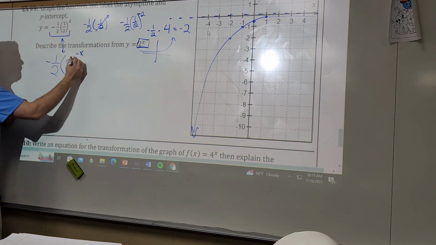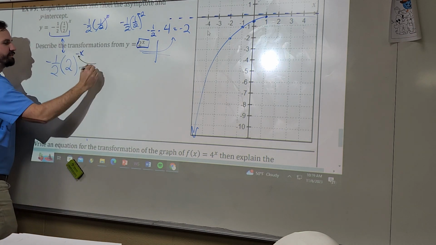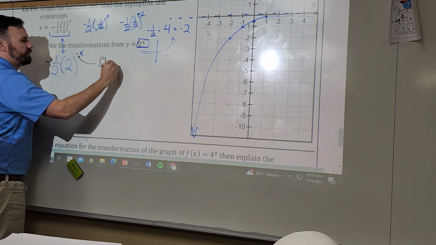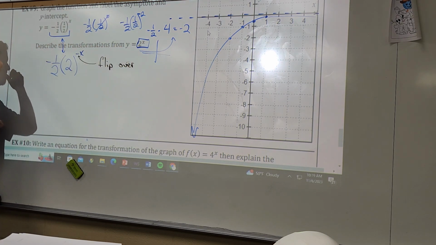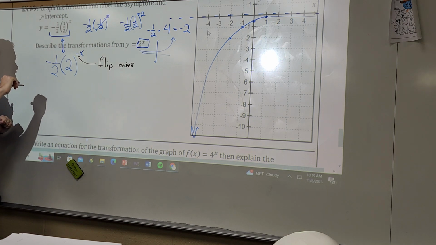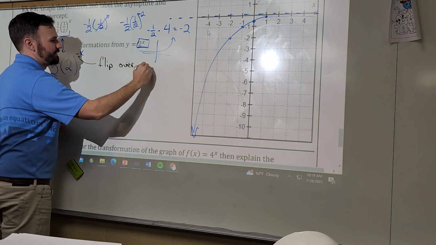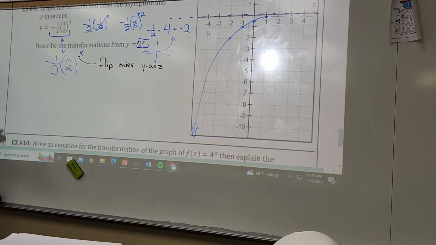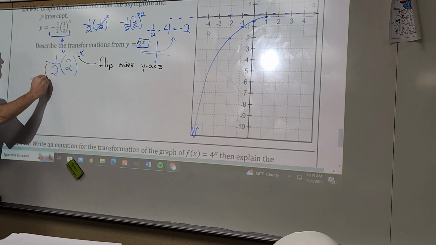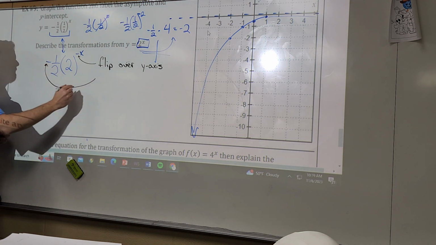What's this negative do in front of this x? Flip over which axis, x or y? Y. So we're going to reflect over the y-axis, or flip over the y-axis. What's this negative going to do here?